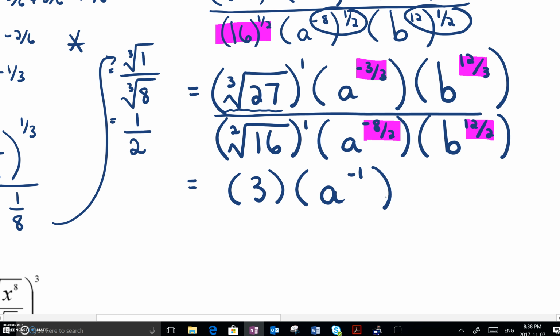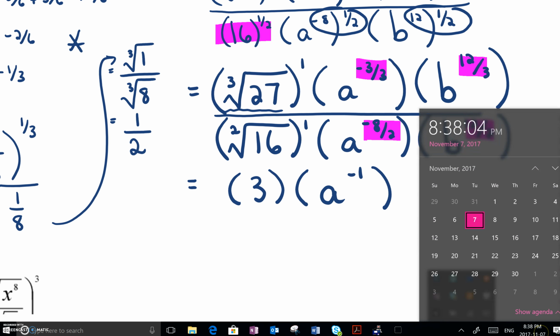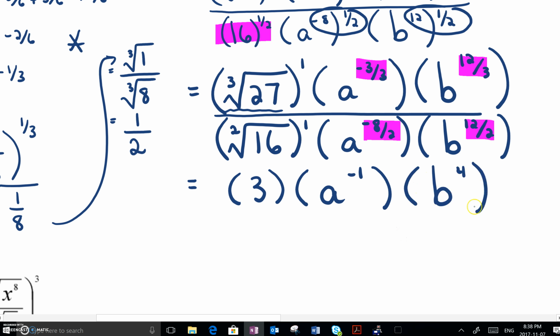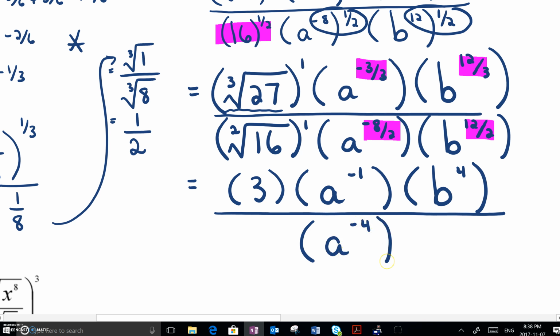We're going to have b to the power of 12 over 3. That's going to change into b to the power of 4, since 12 divided by 3 is 4. I'll just continue simplifying the exponents, and then we'll go back to the square root of 16. So this becomes a to the power of negative 4, and we have b to the power of 6.